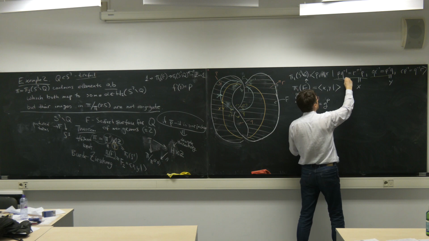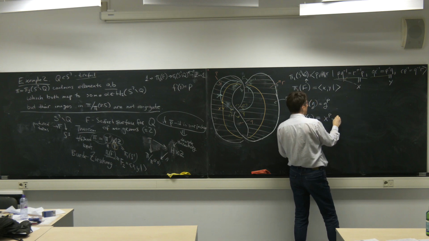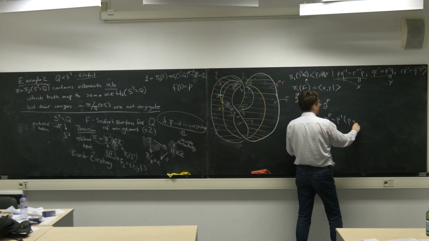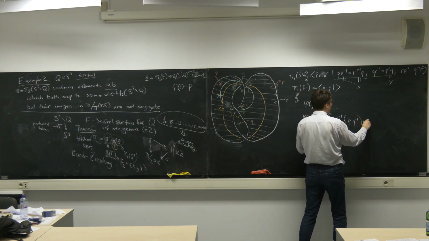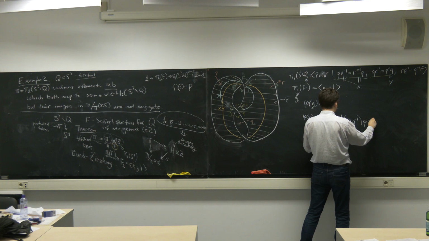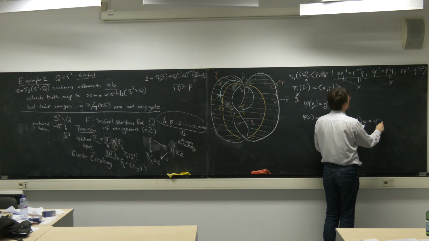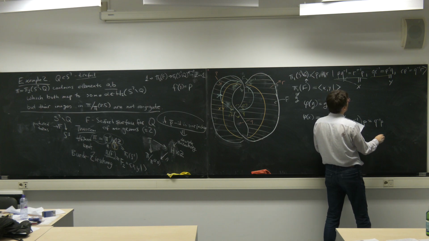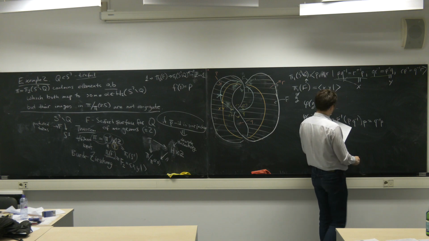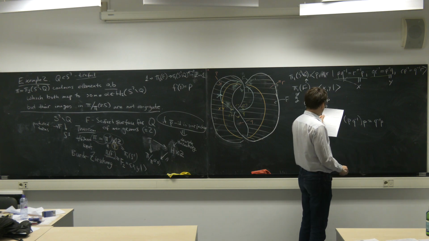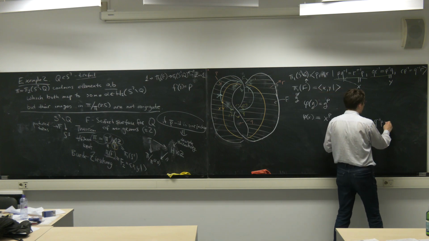So I can write x as PQ inverse, and then I have P inverse, PQ inverse P. This is Q inverse P. And this is Y inverse.